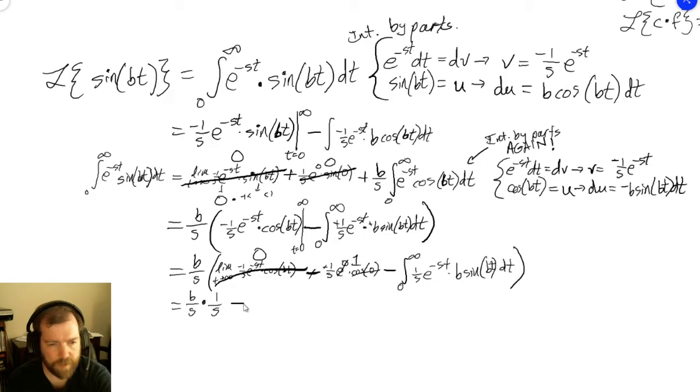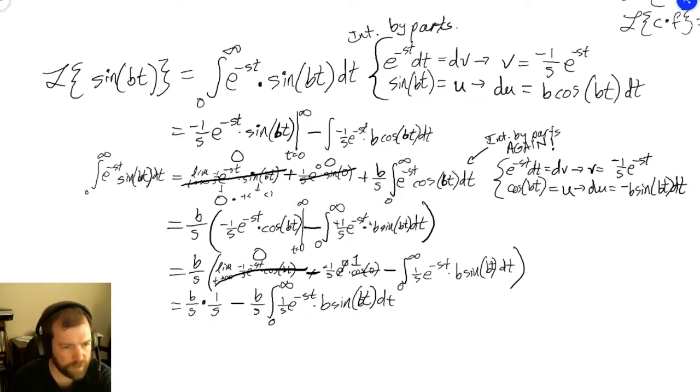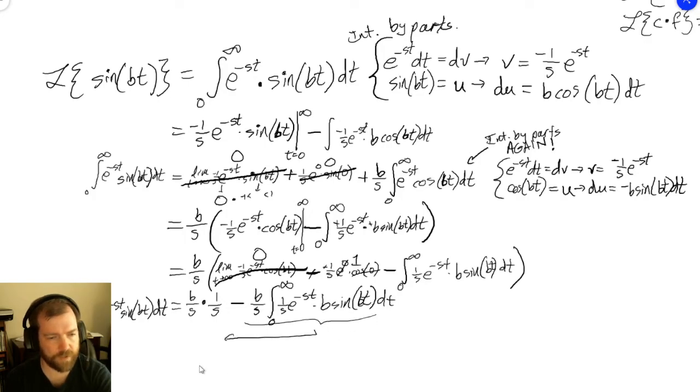This is going to be a minus b over s integral from 0 to infinity of 1 over s e to the negative st times b sine of bt dt equals integral from 0 to infinity of e to the negative st sine of bt dt. All right, now we can take this integral here and shift it over.